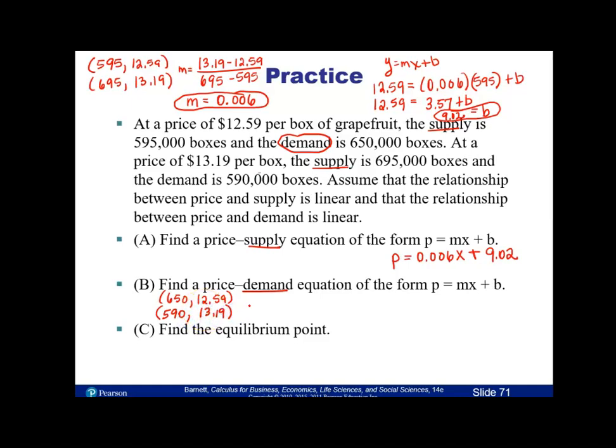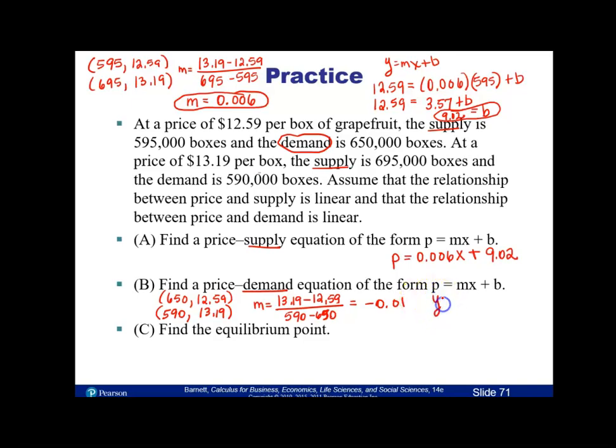Okay, so we want to make sure that we get everything paired up the way that we need. So we're going to calculate the slope. We'll do y2 minus y1 over x2 minus x1, and that's a 5. And so I'll do that calculation, and I'm going to get negative 0.01 for my slope.